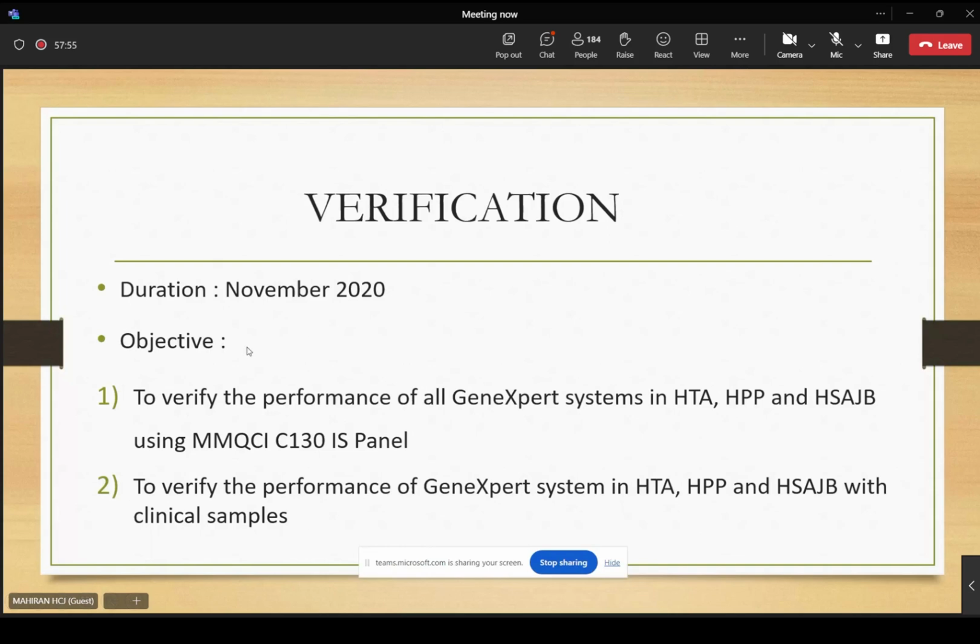So verification ni bermula pada November 2020 lah. So apa objektif dia untuk verify lah performance dekat, okay, saya sambung. So untuk verify the performance of all Genexpert system in 3 center, and then to verify the performance of Genexpert system in HTA, HPP dan HSA-JB with clinical samples.